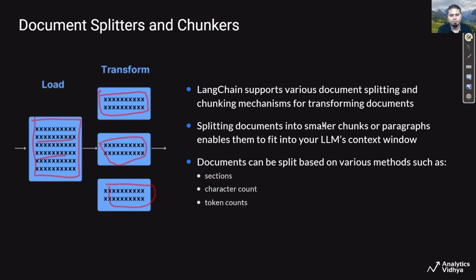Splitting documents into smaller chunks or paragraphs is typically done so that you can fit more relevant chunks into your LLM's context window, because often your large language model has a limited context window, which is the case in most cases. If you try to fit really large documents and a bunch of them, you will get a token limit exceeded error. Documents can be split based on various methods like relevant sections, character counts, token counts, and so on.